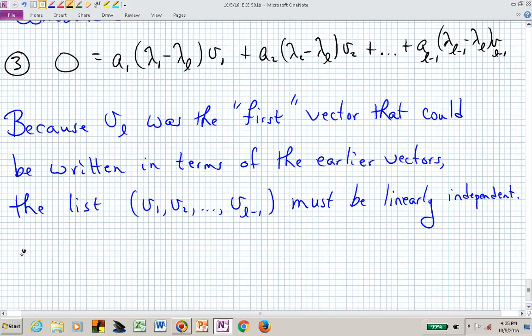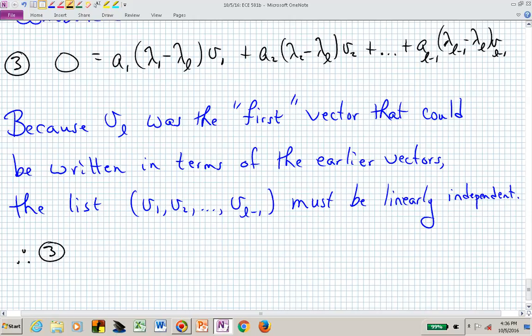What does that imply with equation 3? The linear combination of V1 through V sub L is equal to 0, and V1 through V sub L minus 1 is linearly independent.